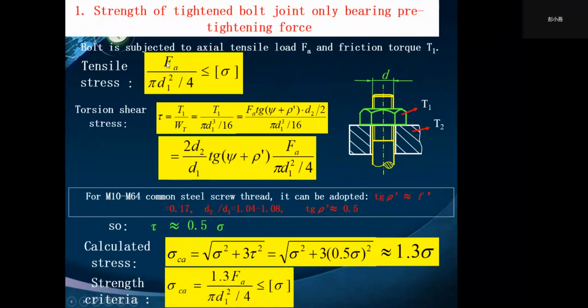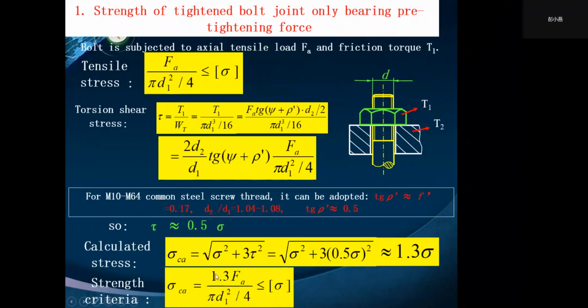You should not only consider the preload, but also consider the friction, and we use this to calculate sigma ca. In this equation, the force is 1.3 times Fa, where Fa is the preload.